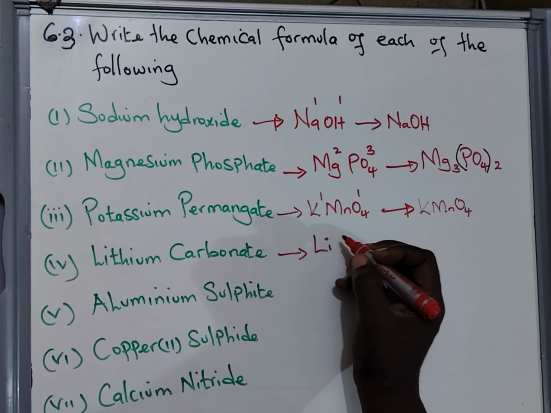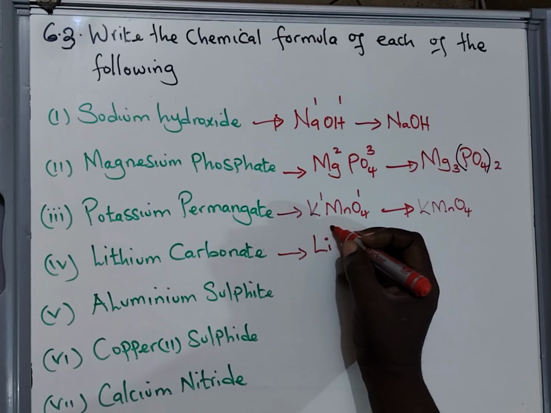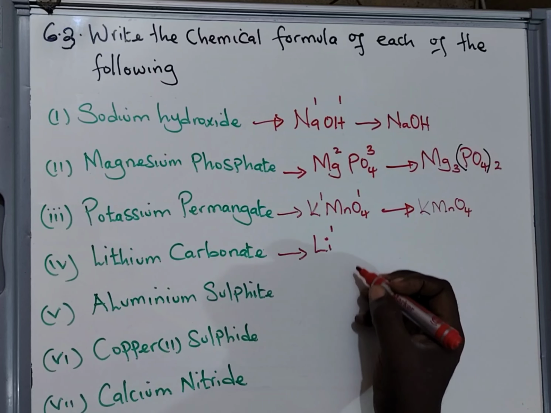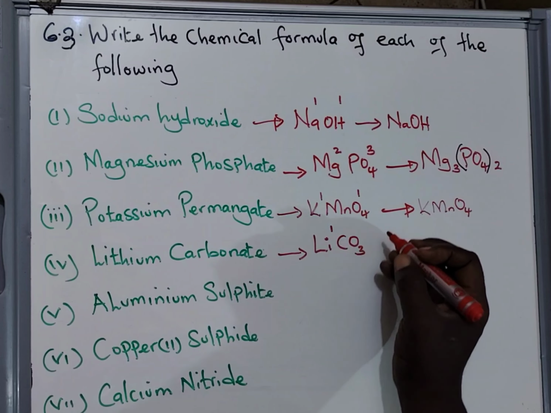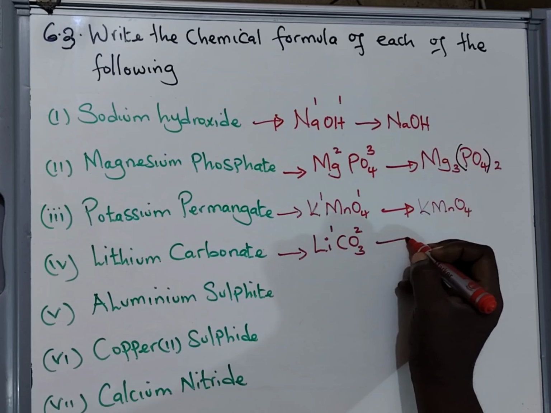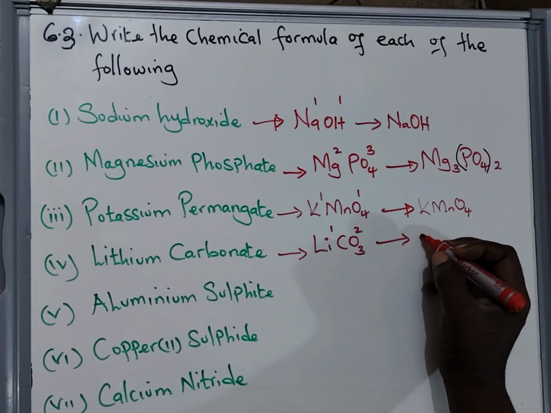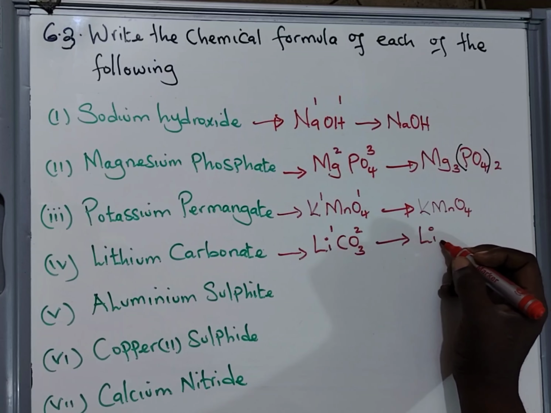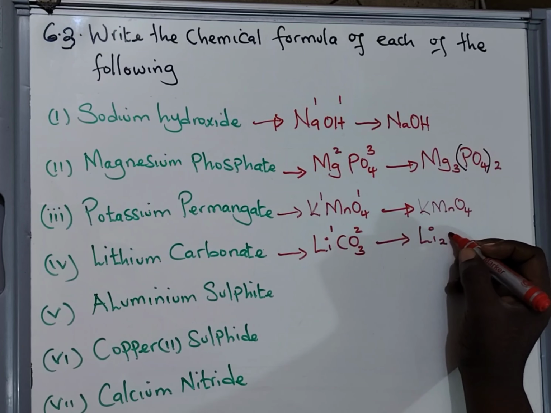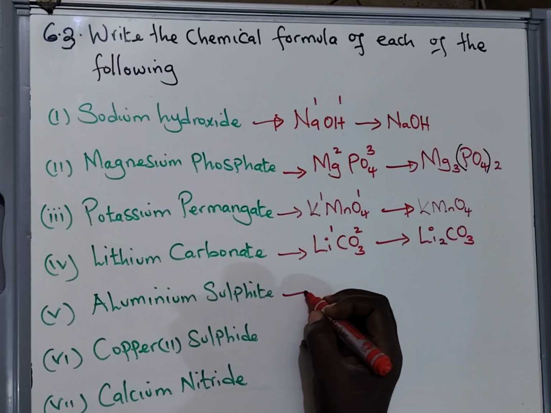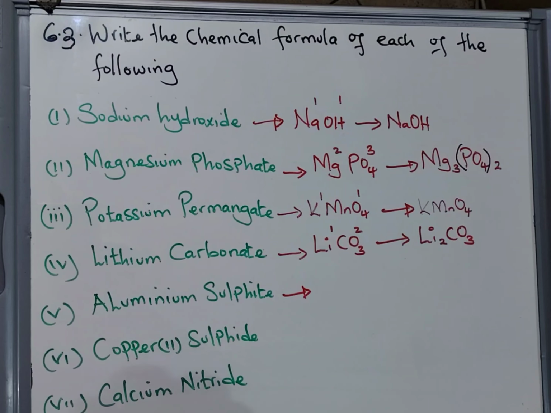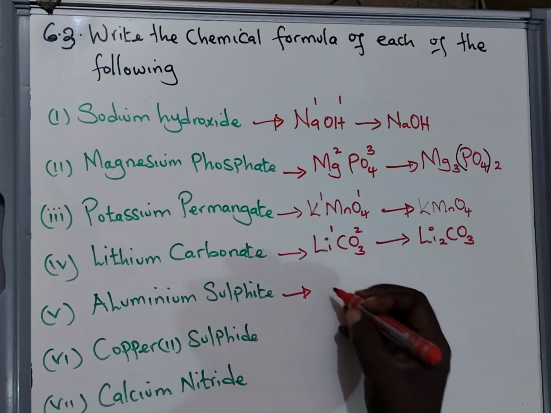It is Li. Lithium is valence 1, so it's group 1. Carbonate is CO3, valence 2. So after exchanging, what do you get? You get lithium 2, CO3.